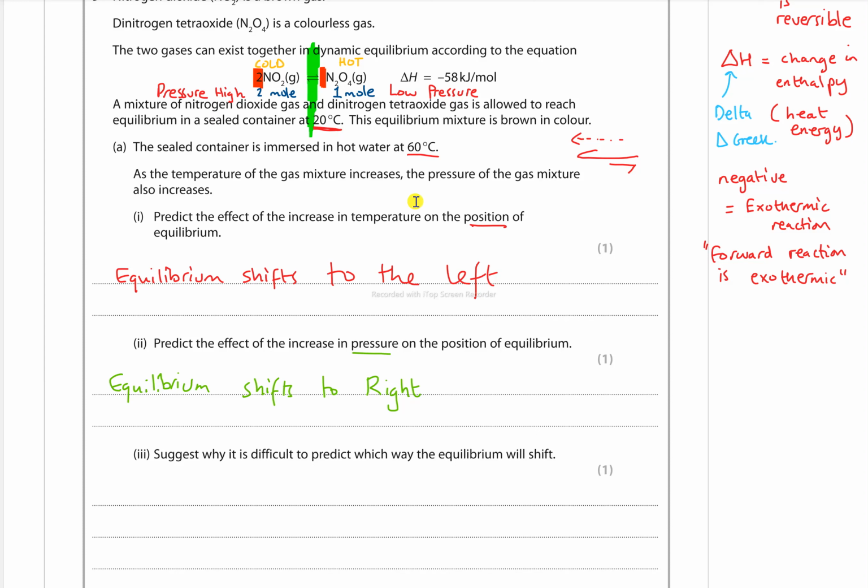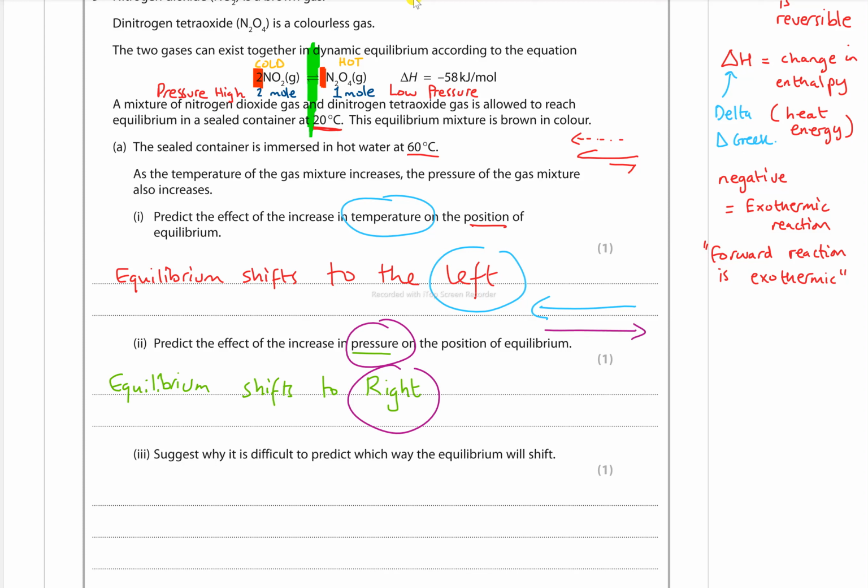That's it, one marker. Suggest why it's difficult to predict which way the equilibrium will shift. Because the temperature shifts it to the left, and the pressure shifts it to the right.